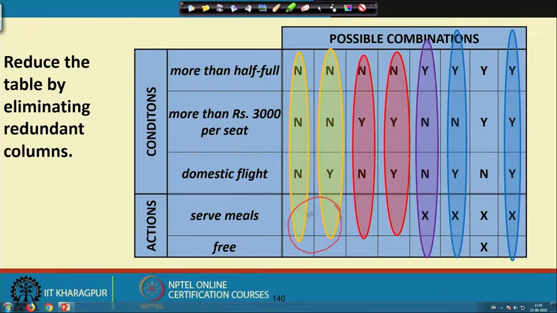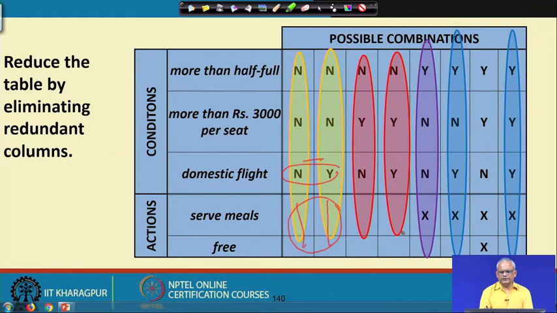There is no action for these two test cases or rules, and the specific input values are the same for both of these conditions, and this is just no and yes. Therefore, we can combine this into a single rule and we will write do not care here. It is possible to combine these two because the action part is the same, and irrespective of the domestic flight, nothing is done if it is less than 3000 and less than half full.